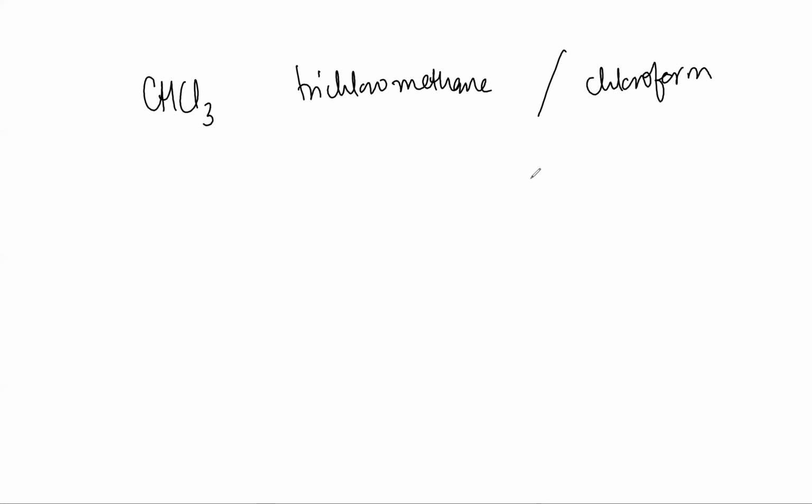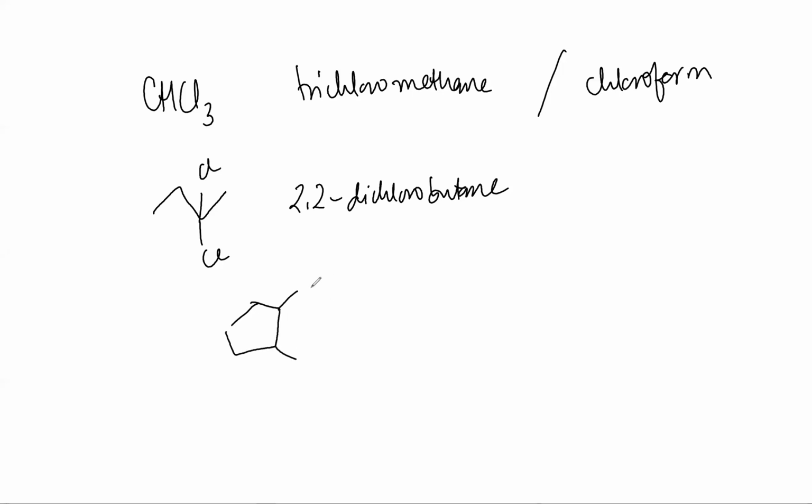So in any case, once you start having more than one halogen in there, then you have to start indicating where that halogen is. So 2,2-dichlorobutane in this case. So whatever it is, okay? And remember that if you have something like this, like chlorine and a methyl group, you will start from chlorine only because chlorine is alphabetically superior, not because of anything else.